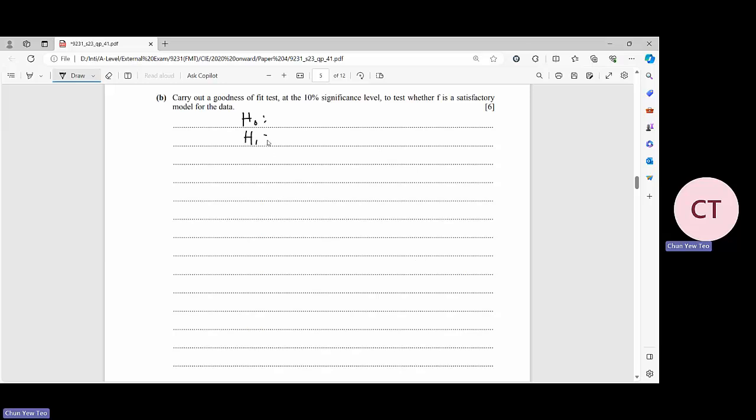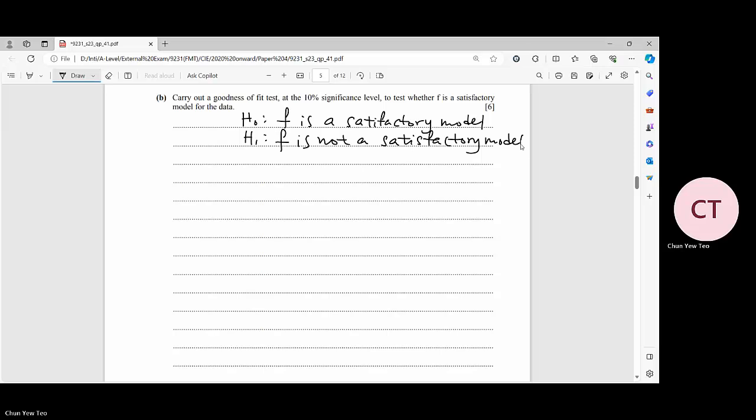The null hypothesis is F is a satisfactory model, versus the alternative that F is not a satisfactory model. That is your first step.